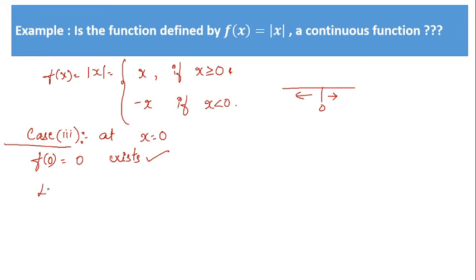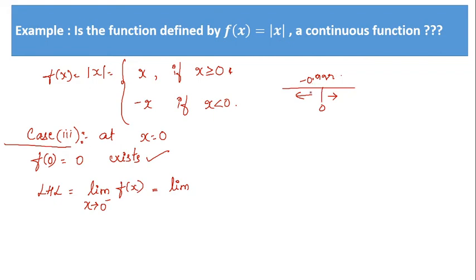So in a way 0 is the deciding factor. Okay, so you have to find the left hand limit, as x tends to 0 from the left. So limit of f of x as x tends to 0 from the left. From the left means obviously the value is less than 0, so you take some value like minus 0.99999 something.